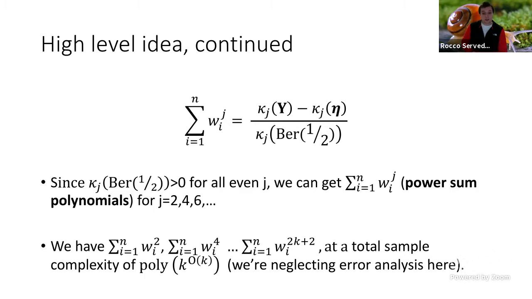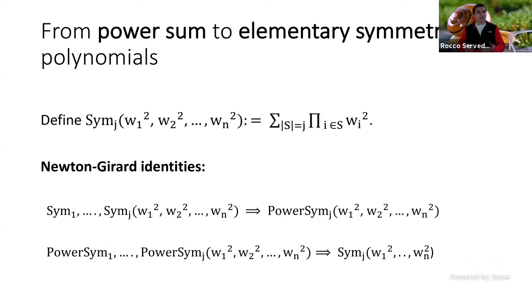Okay, but continuing here, hopefully it's clear from even this high level sketch that we can come up with high accuracy estimates of these power sum polynomials. It's nice to have these estimates, but if we're interested in figuring out whether or not our underlying weight vector is k-sparse, we might want some other kind of information about the vector. It turns out that the more standard elementary symmetric polynomials are more convenient for that kind of analysis.